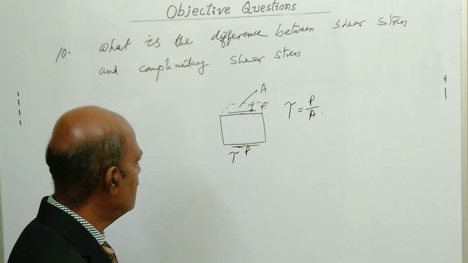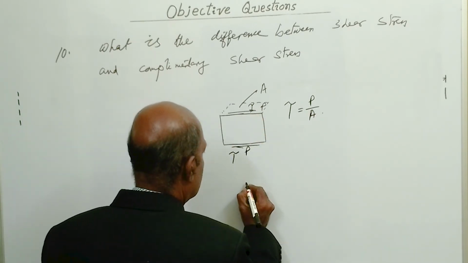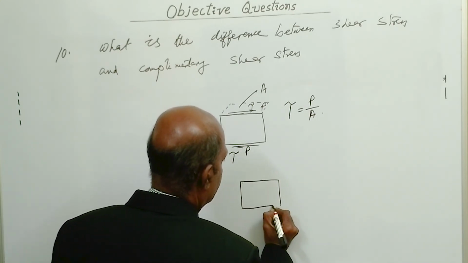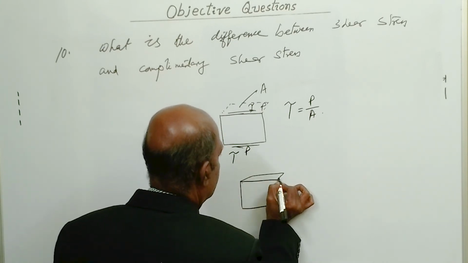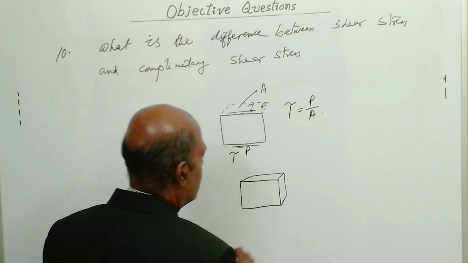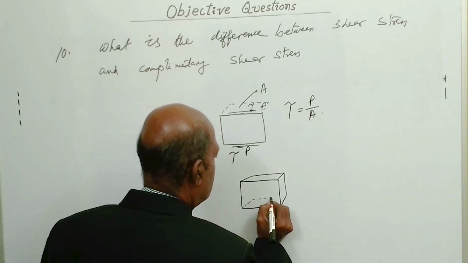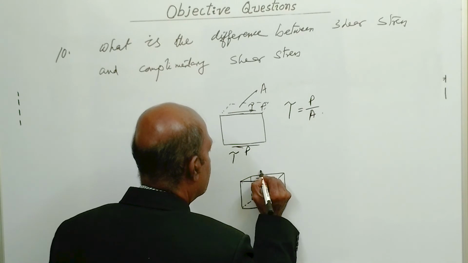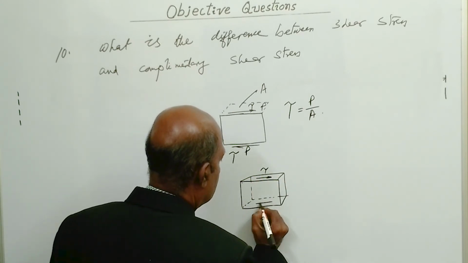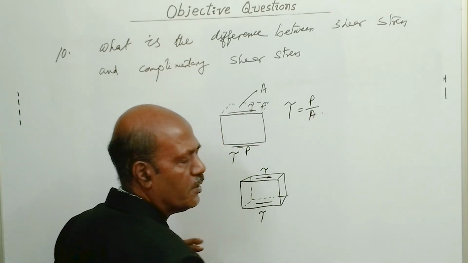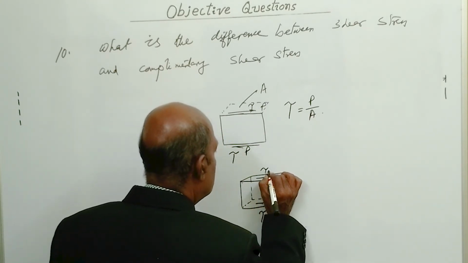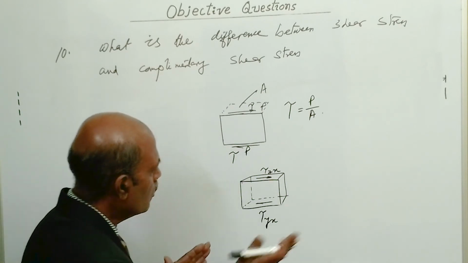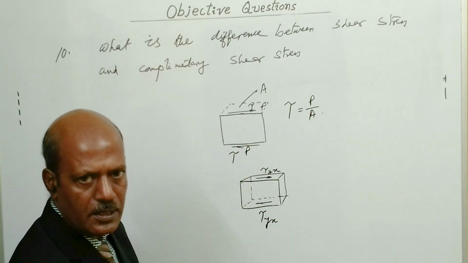Now consider a three-dimensional body. The shear stress acting over the body is tau, and if we give the direction, it is tau yx, and this is also tau yx.